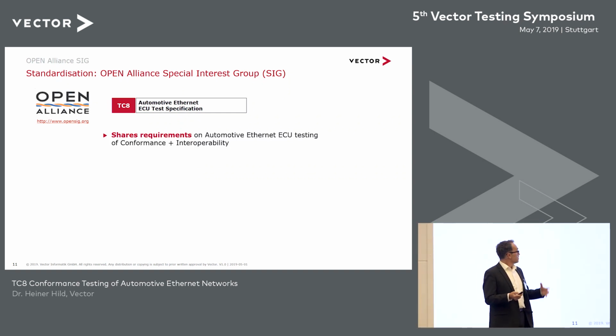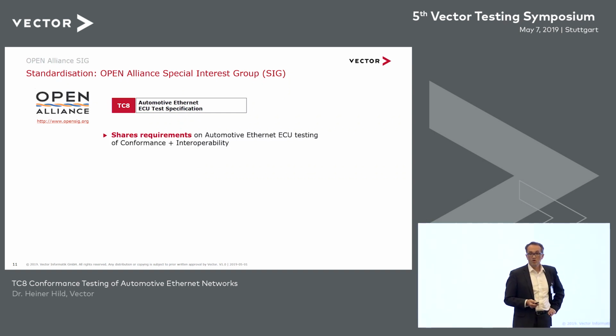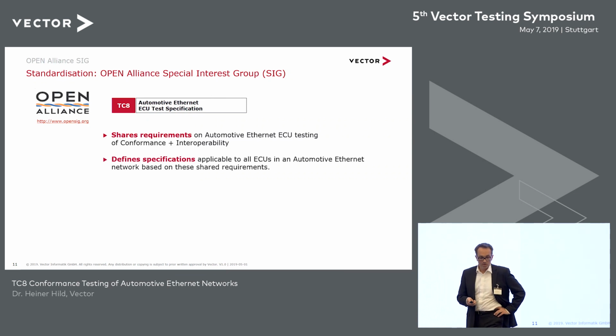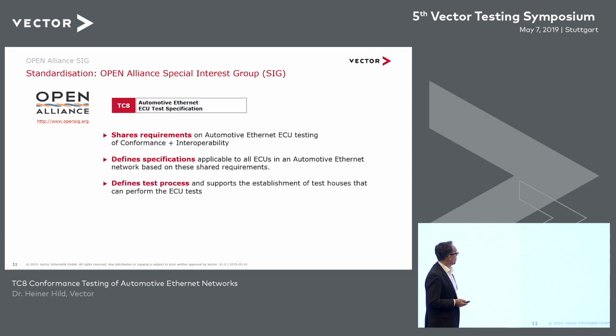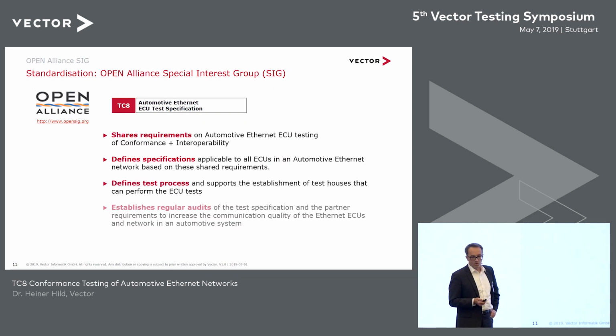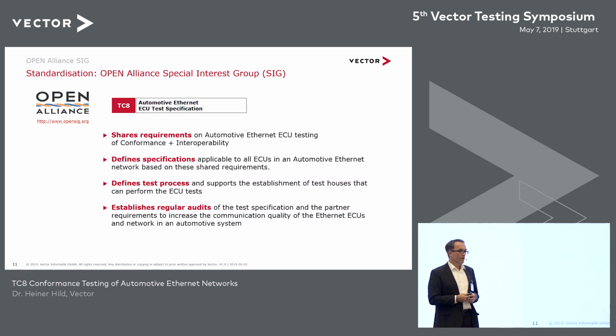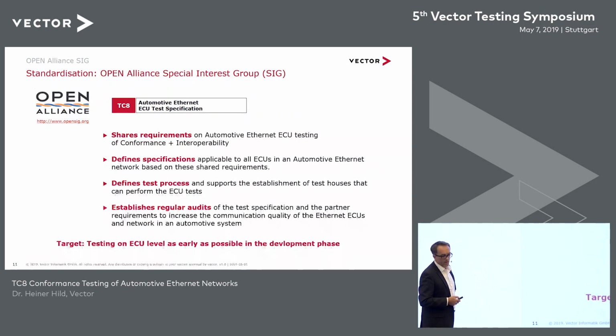TC8 works on collecting requirements which are incurred in this environment, to also define specifications, test specifications, and then to define test processes and audit processes, so that the testing of Automotive Ethernet ECUs will be fully described.